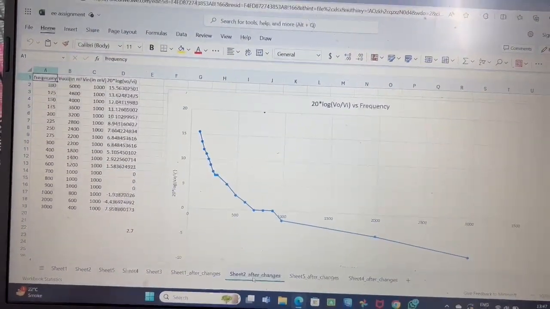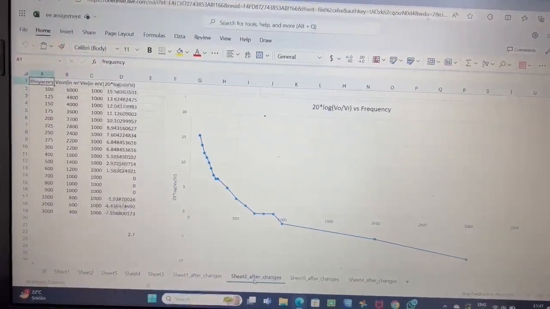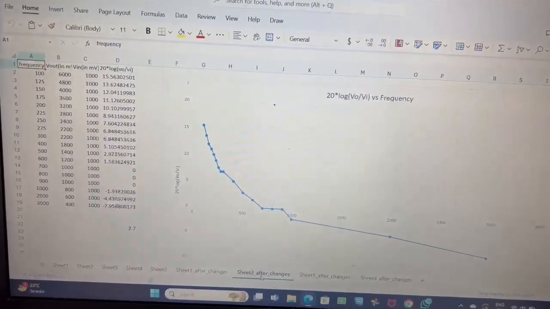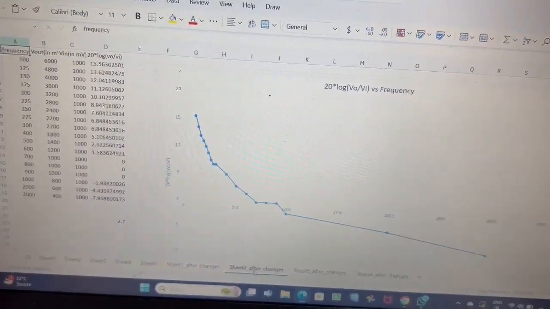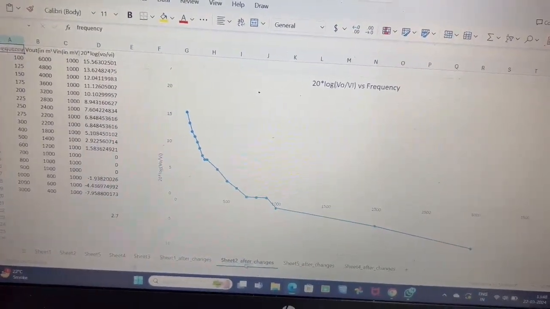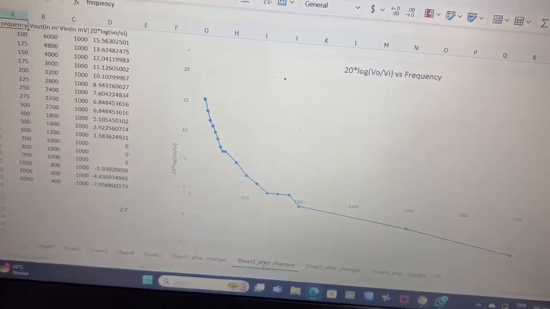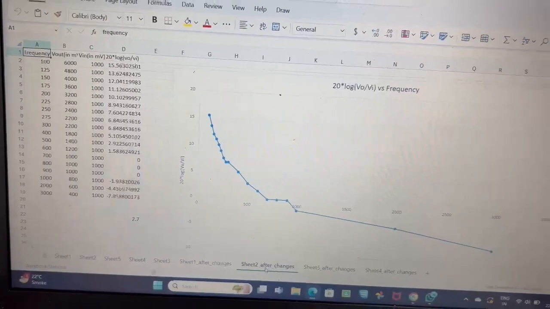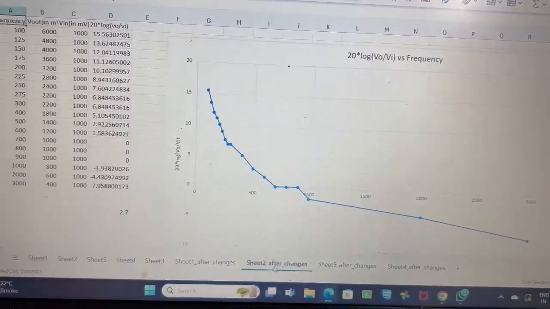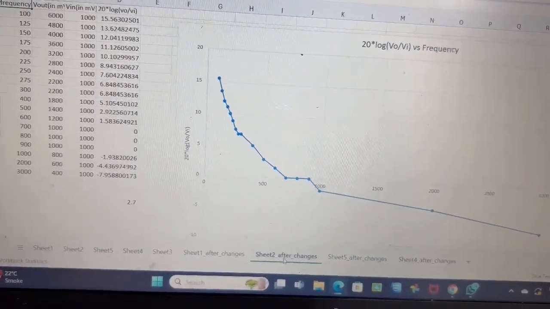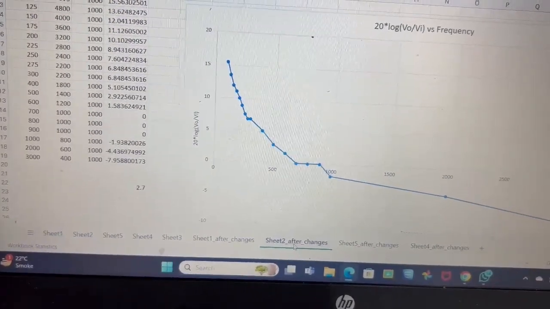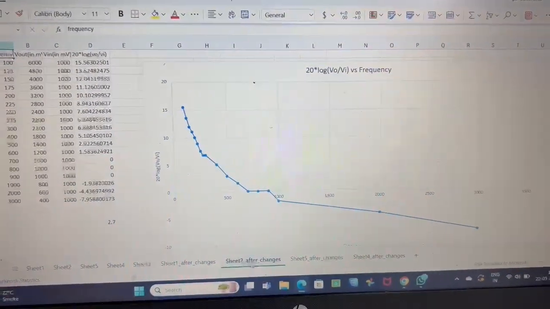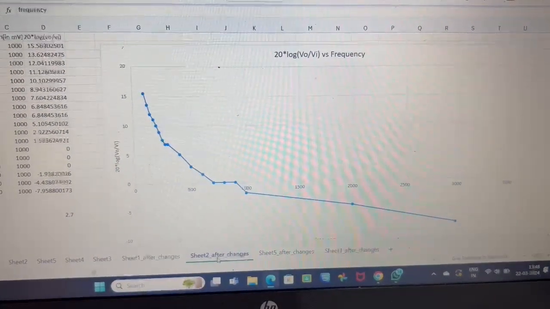We have maintained the input voltage constant, which is 1000, and V output is 6000, 4800 until 400, it is decreasing. We have got results like this. 20 log Vo by V input is positive till a certain point, and here also we can see negative values for certain values of frequencies. This is also a decreasing posture of the graph.